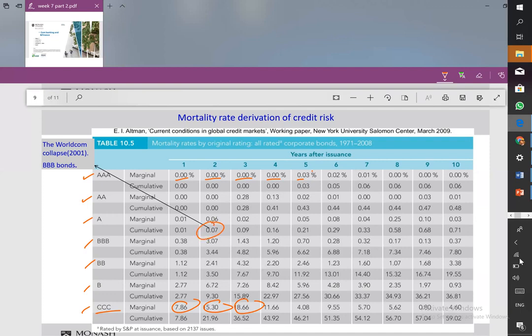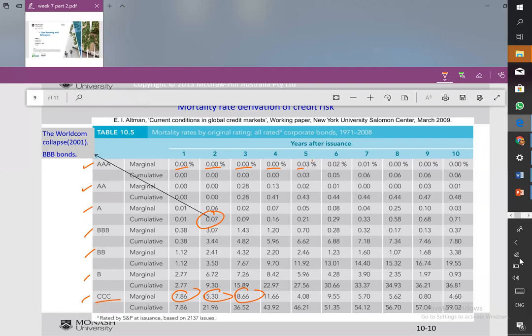This is one thing. The other thing, there was just some information here. This was related to the defaulting of WorldCom and Enron. WorldCom, I think, had some bonds there. This is from 1971 to 1981, which is one of the years where they defaulted.